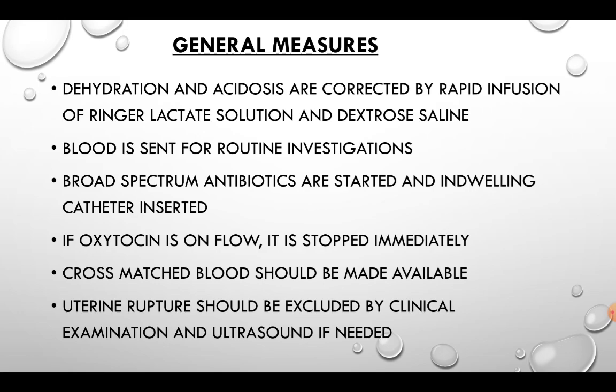You have to correct the fluid loss either by giving dextrose or ringer lactate, or you have to give blood transfusion, and you stop giving oxytocin. No more oxytocin is required because we are taking her to the CS, or instrumental delivery. So antibiotics can be started.